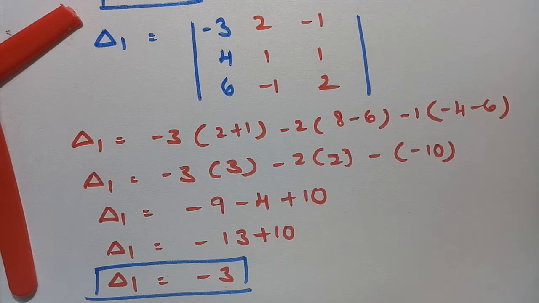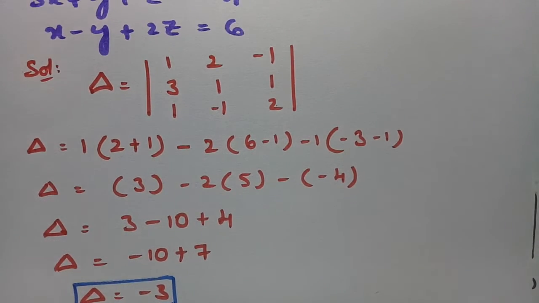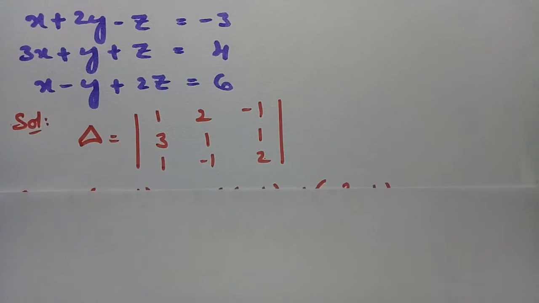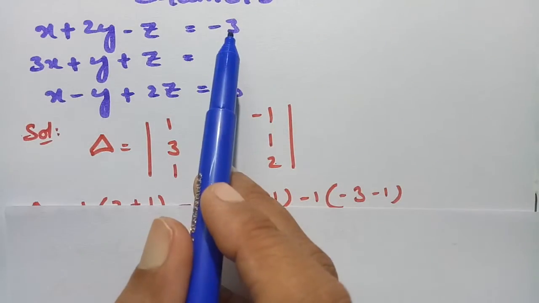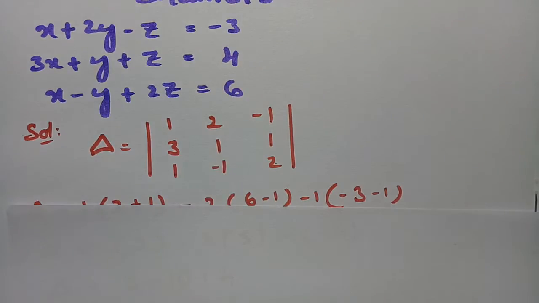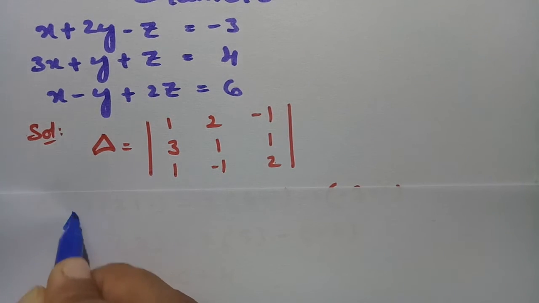The next one is to find the value of delta 2. Here is the logic. For delta 2, I replace the second column of delta with the constants on the right side of the equation. So I'll frame delta 2.